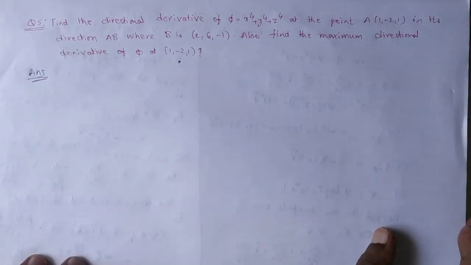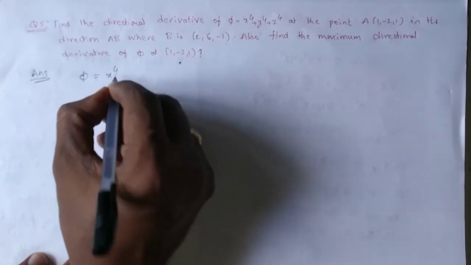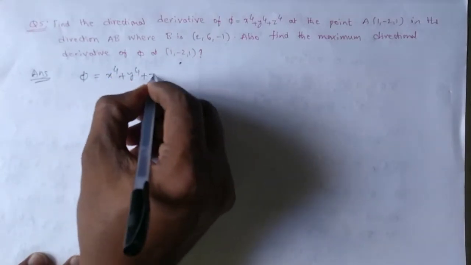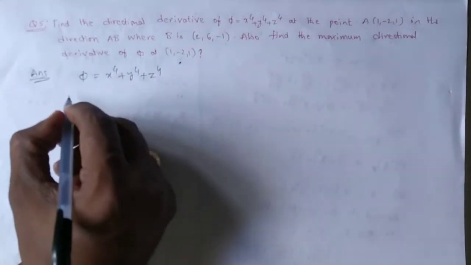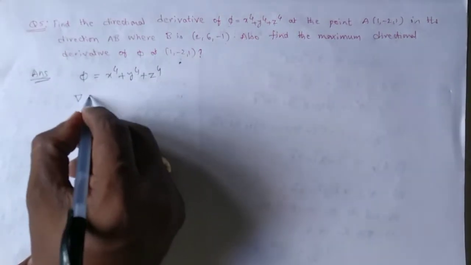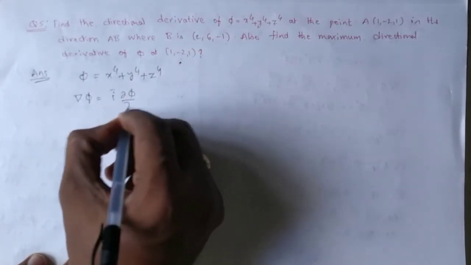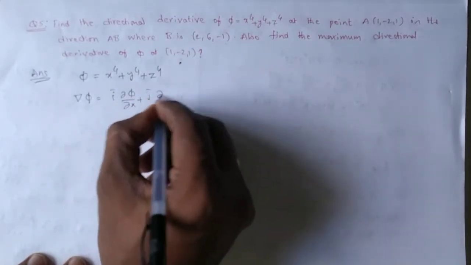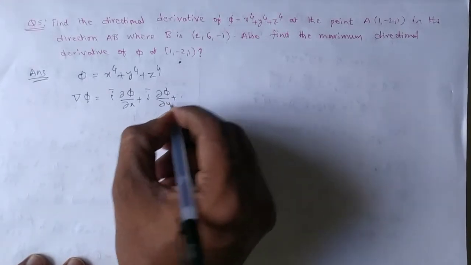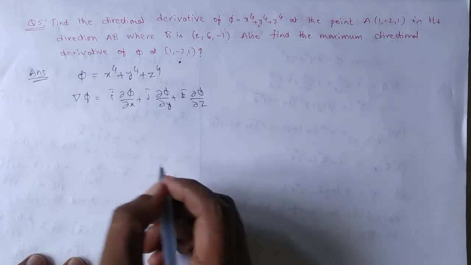We start with the given function phi equal to x power 4 plus y power 4 plus z power 4. Now we need to calculate the directional derivative of this function. So we have to calculate the gradient of that function phi, which is i bar into dou phi by dou x plus j bar into dou phi by dou y plus k bar into dou phi by dou z.